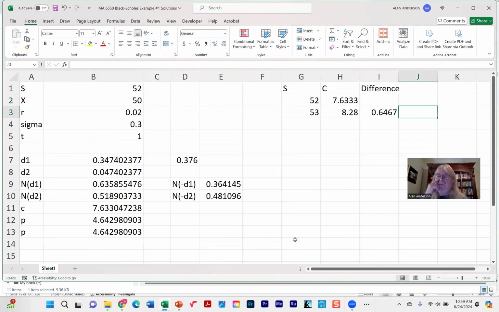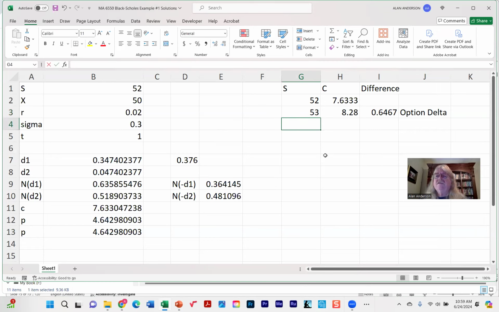So that number is the delta of the option, approximately. The delta tells us how much the option price will change when there's a change in the stock price or the asset price. Okay, so here it went up.